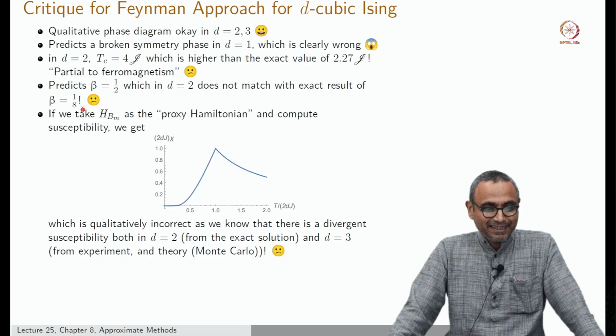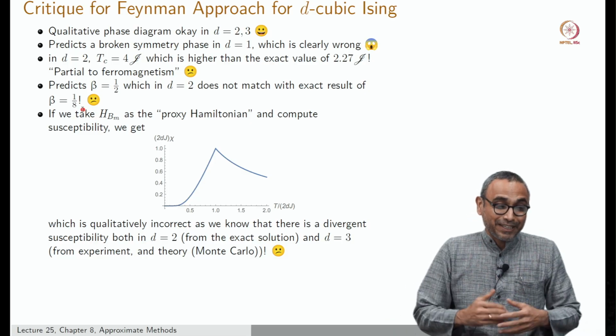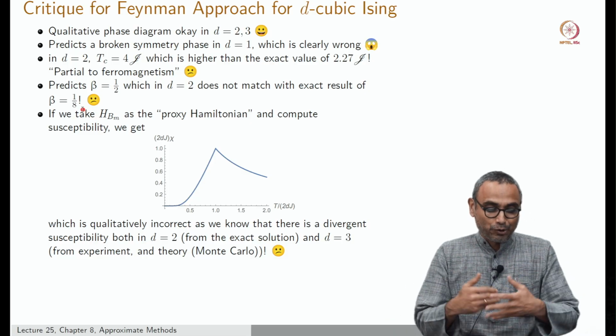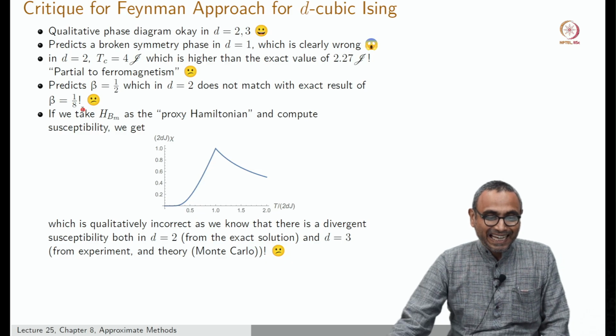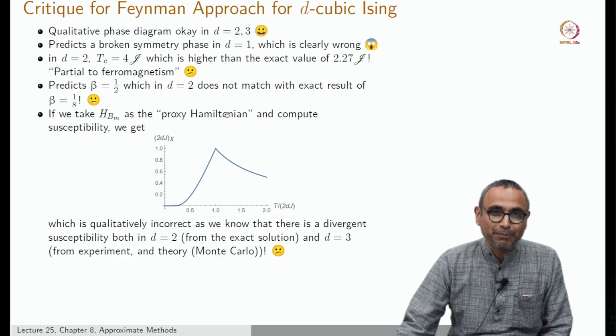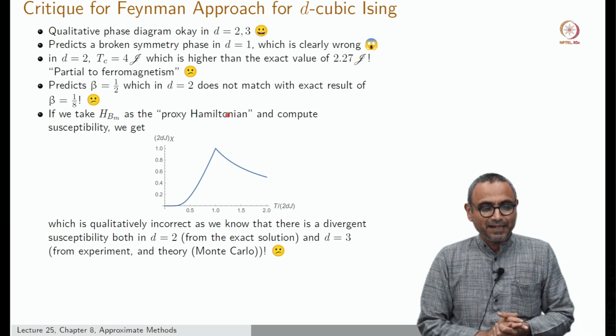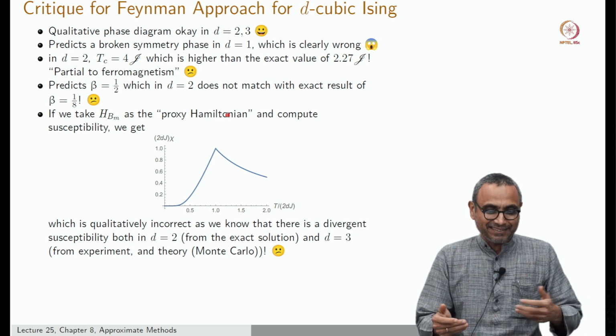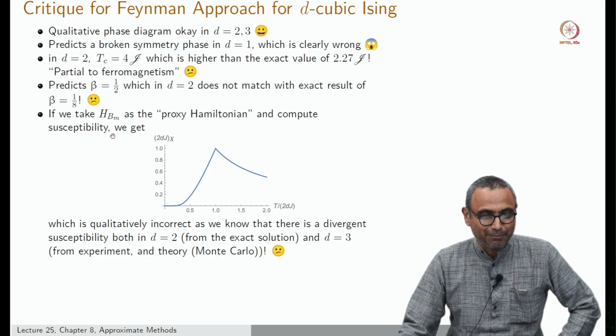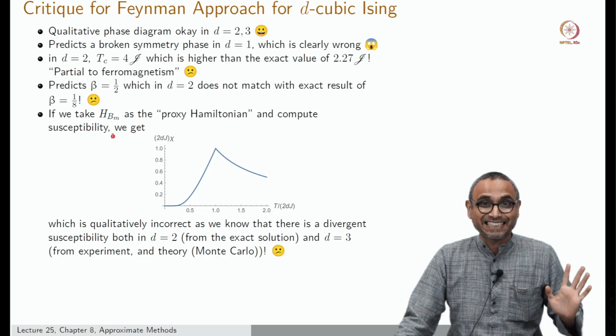Okay. We can go further. We can do more analysis, and I invite you to do this. We can take H_BM as the proxy Hamiltonian. This is a crude calculation, granted, but it is a useful thing to study. You use this proxy Hamiltonian and evaluate the susceptibility.